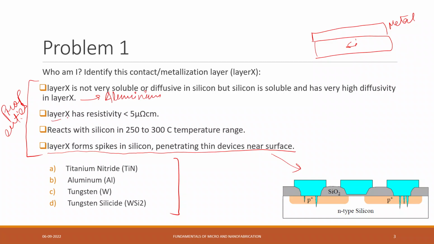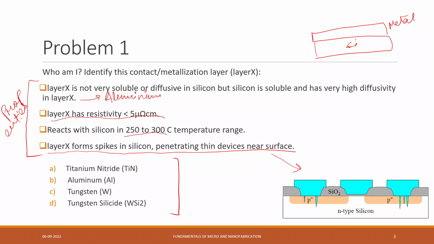We know aluminum is a very good conductor, so its resistivity is lower than 5 micro ohm centimeter, and it reacts with silicon in the range of 250 to 300 degrees Celsius. At these temperatures it also forms silicides, and above 300 degrees Celsius you can't go when using aluminum.